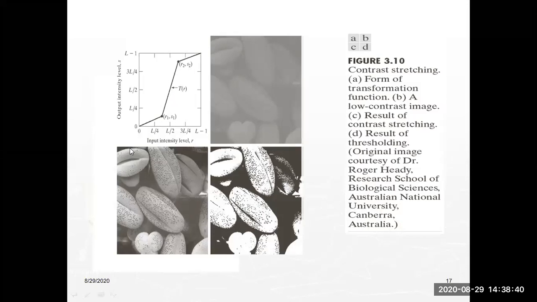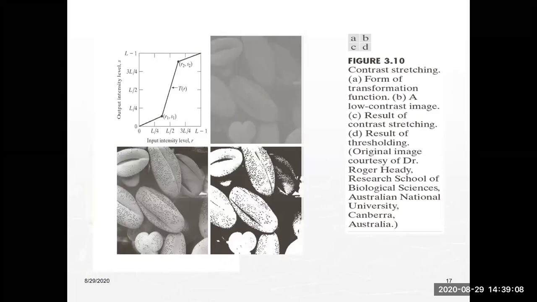This is my transformation function, which we call contrast stretching. If you apply this contrast stretching on my image, what is my image? Image A is the function, image B is a low contrast image. If you observe here, the contrast is very low.